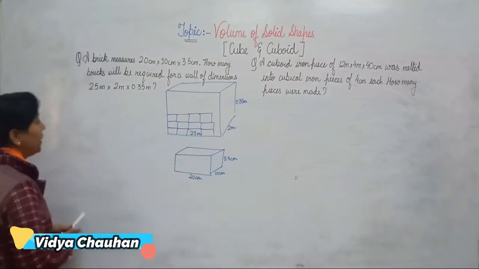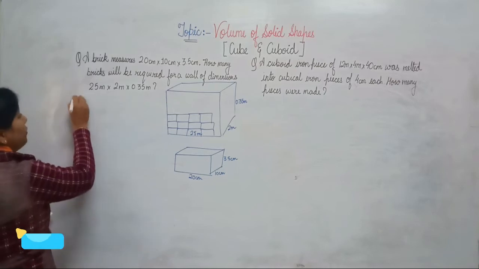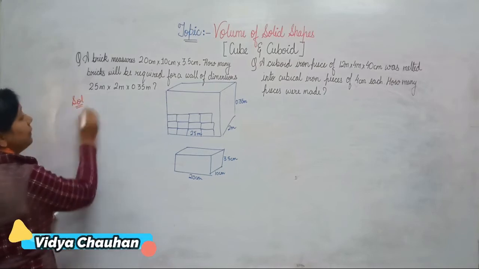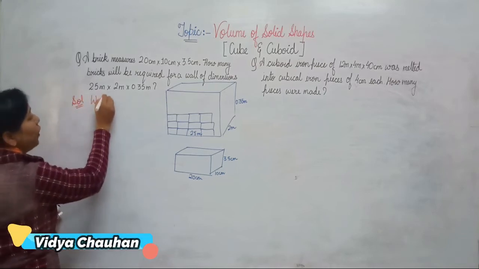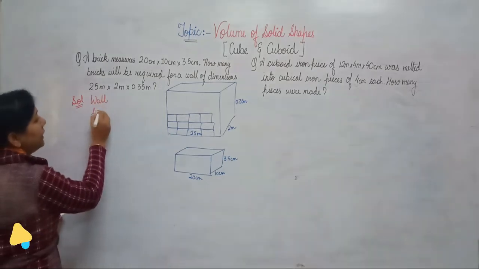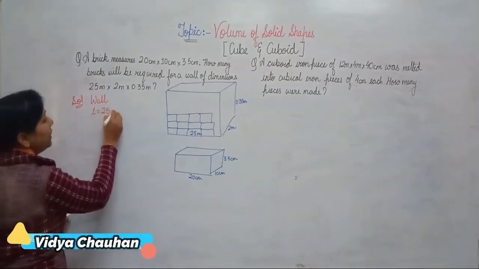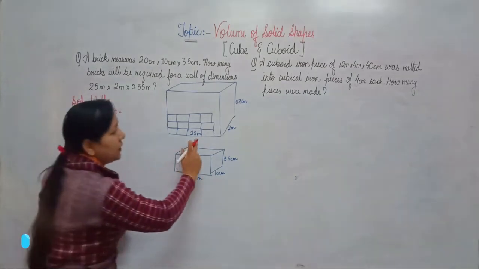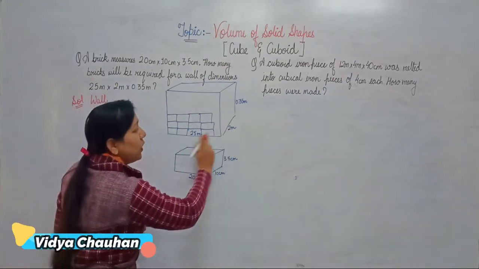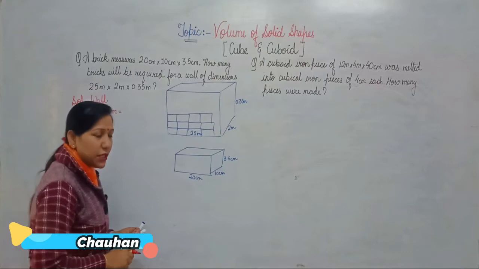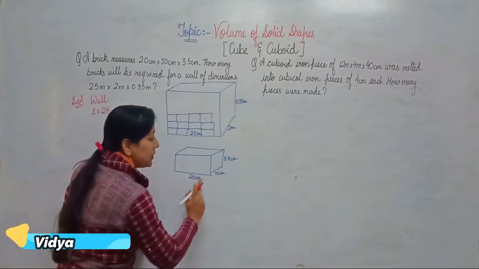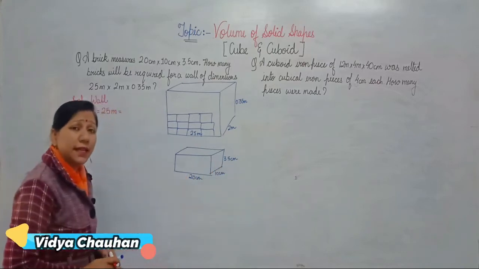Now coming to the theoretical part, let's talk about the dimensions, first for the wall. For the wall, length is 25 meter. As you can see here, in the case of the wall all three dimensions are in meter, whereas for the bricks the dimensions are given in centimeter.